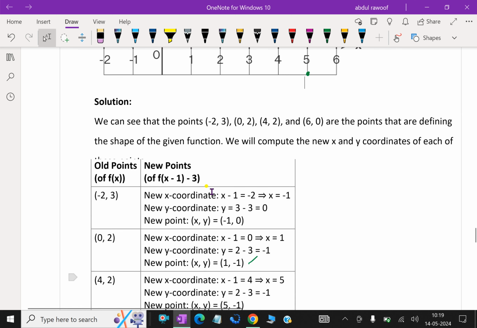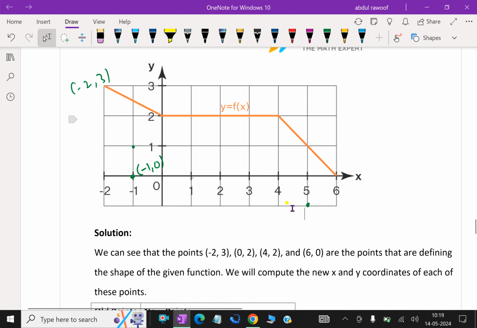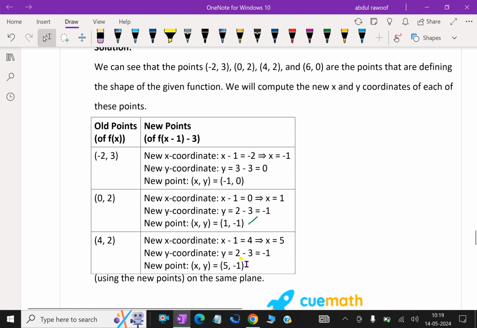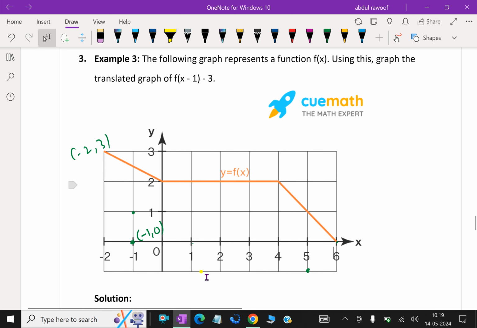That means the point (6, 0) becomes (7, -3).